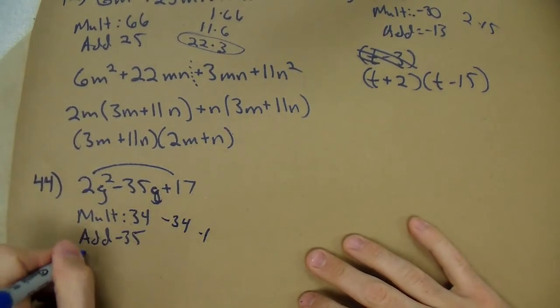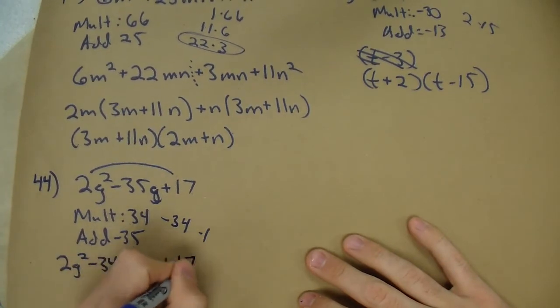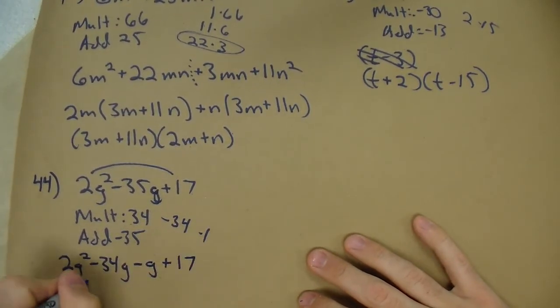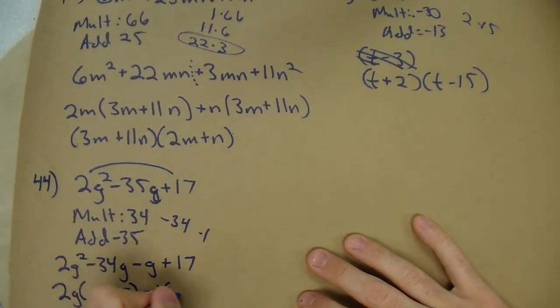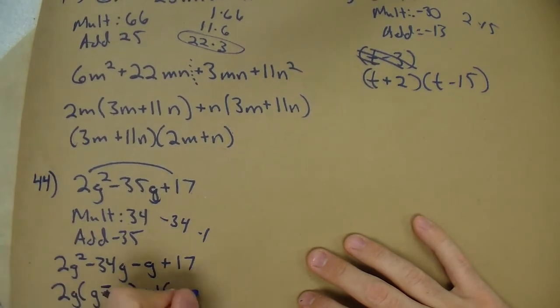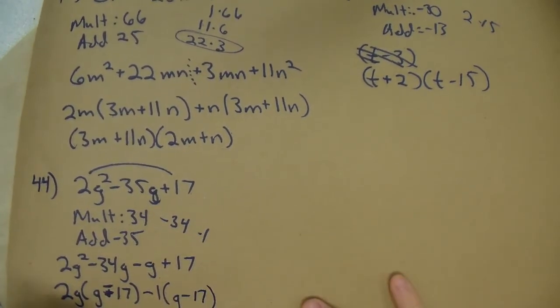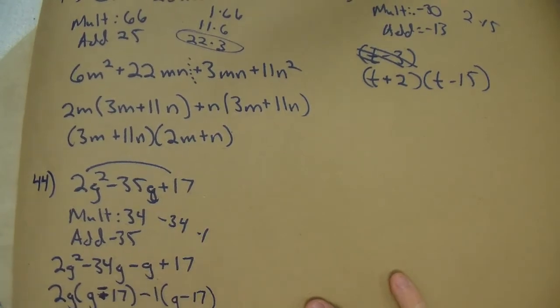So we're going to go 2g squared minus 34g minus g plus 17. We can take out a 2g. That's g plus 17 left over. Take out a negative 1. G, oops, that should be a negative there. Now they match. So it's g minus 17, 2g minus 1.